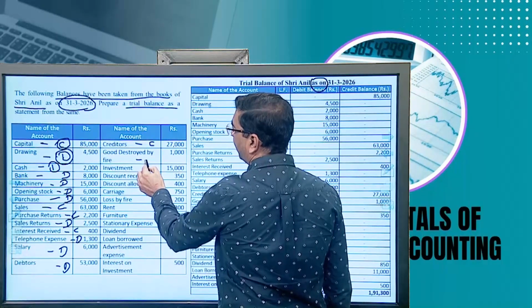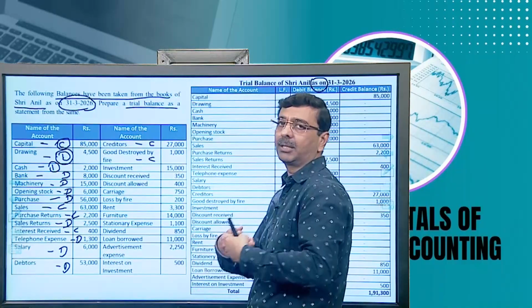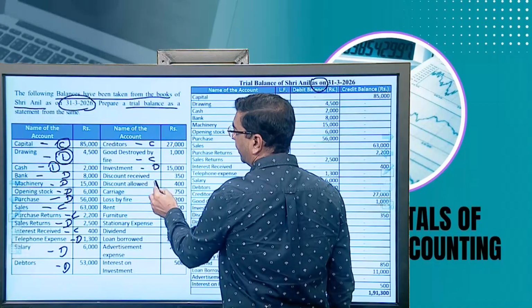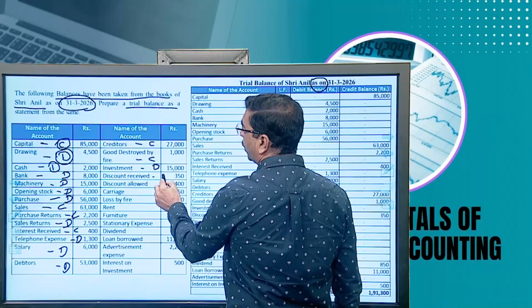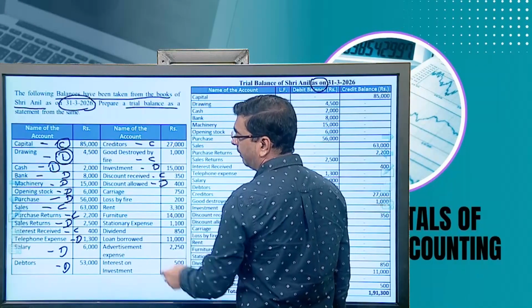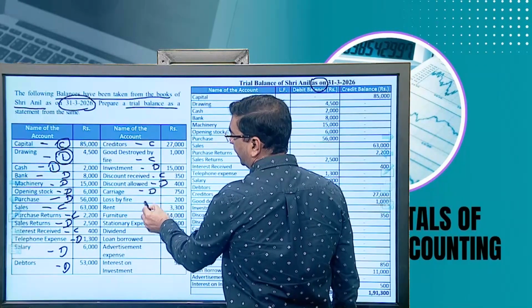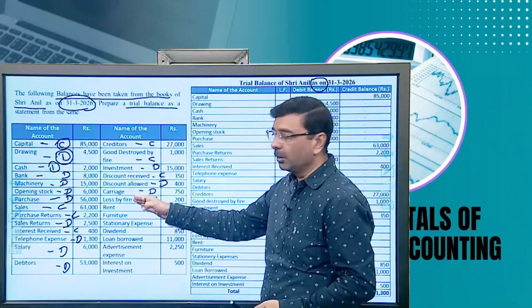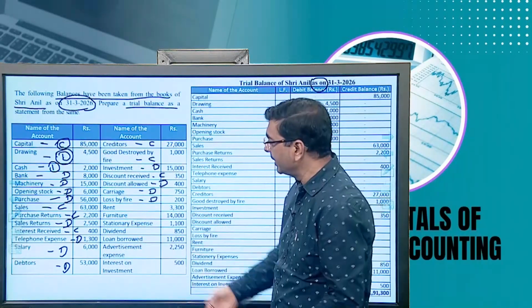Goods destroyed by fire is credit because ultimately the goods go out. Investment is always debit. Discount received is your income, credit. Discount allowed is your expense, debit. Carriage, debit. Loss by fire, debit. See, carriage is an expense, and loss by fire is your loss, that's why it's debit.